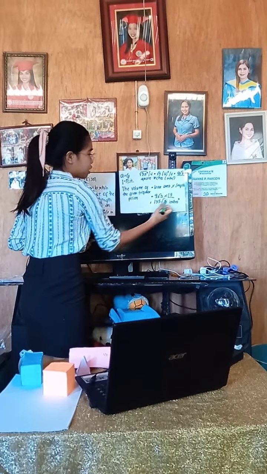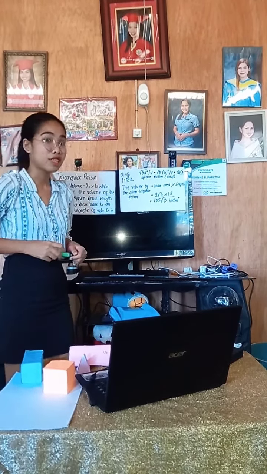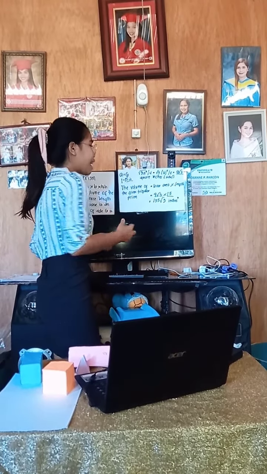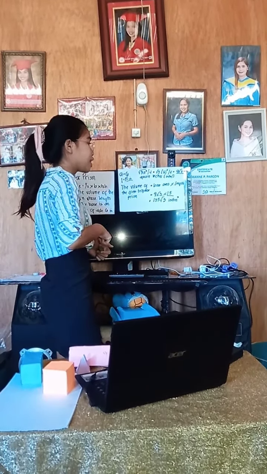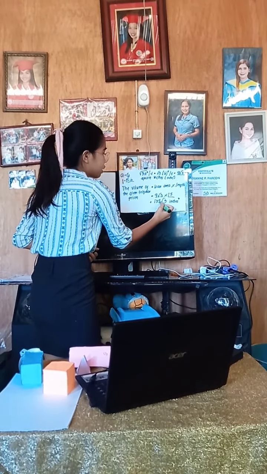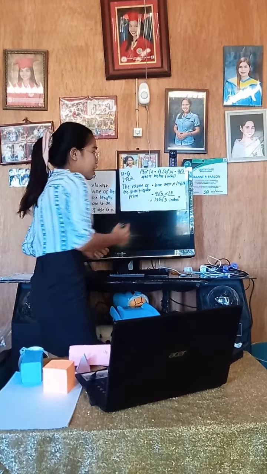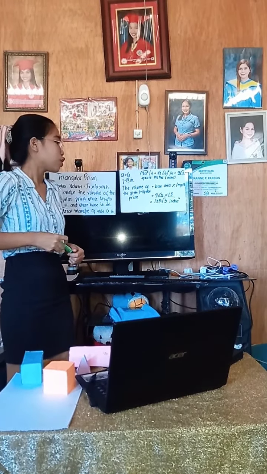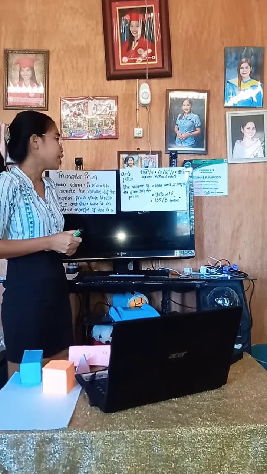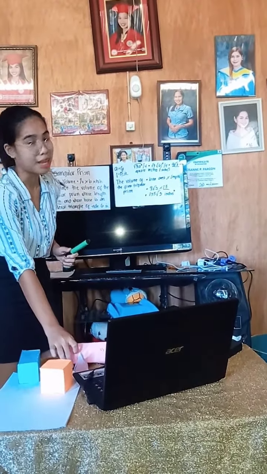The next step is to multiply. The result would be 135 square root of 3 cubic inches. So that will be the volume of our triangular prism.